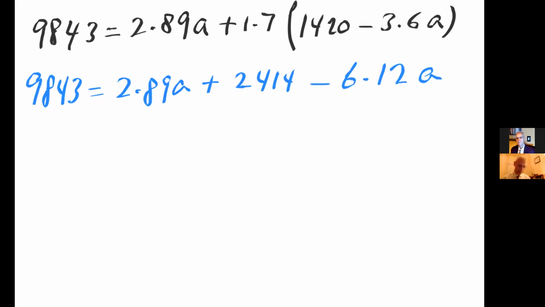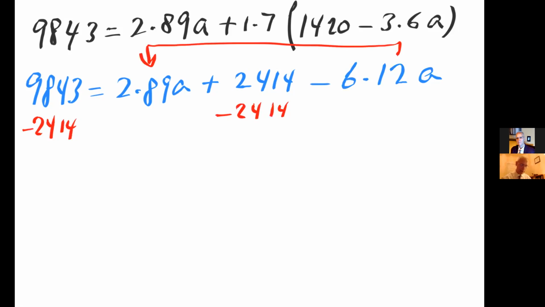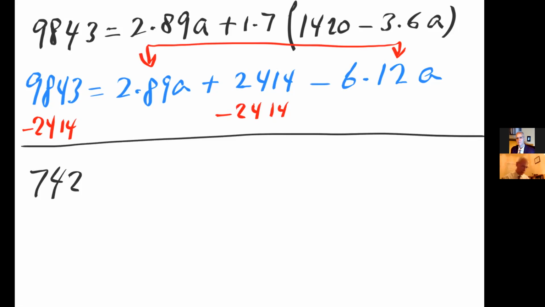Okay. And so let's do this. Let's subtract 2,414 from both sides. And let's combine these two. They are like terms. Okay. So 9,843 minus 2,414 gives us 7,429 equals 2.89 minus 6.12 gives me minus 3.23a.